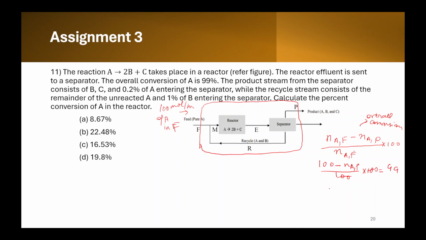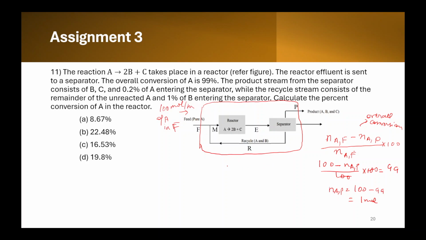So we can get the moles of A in product. So that will be 100 minus 99. So that will be 1 mole, or the flow rate will be 1 mole per hour. So 1 mole. So that will be NAP.